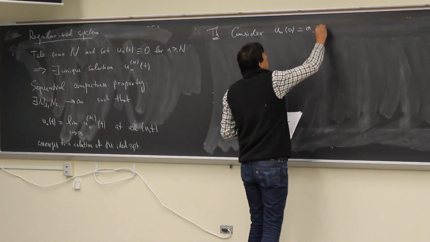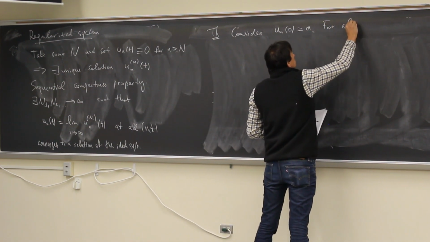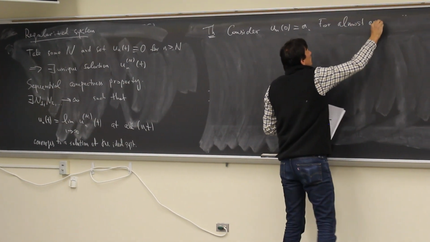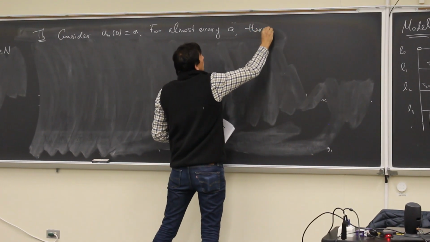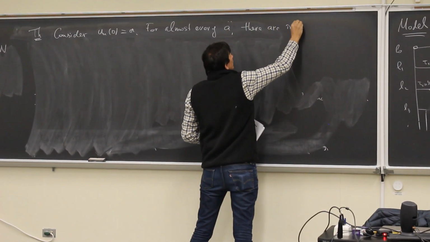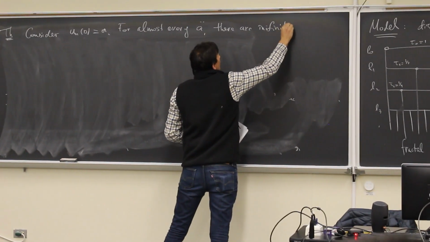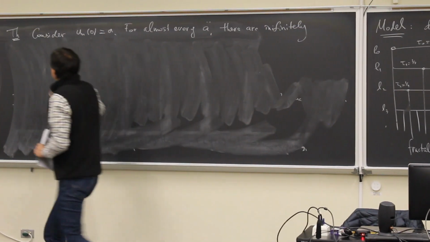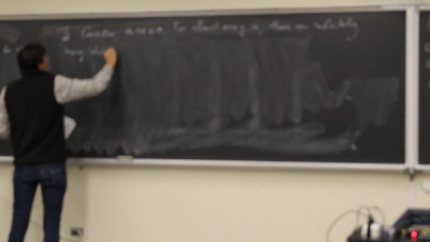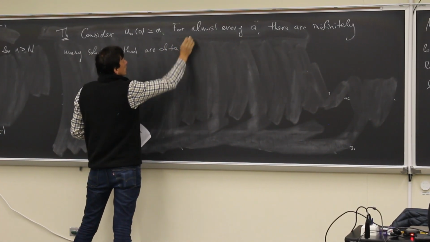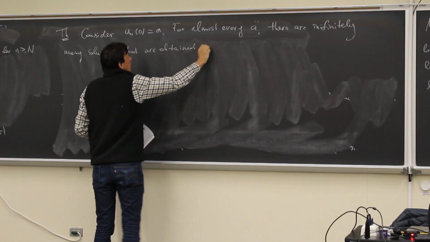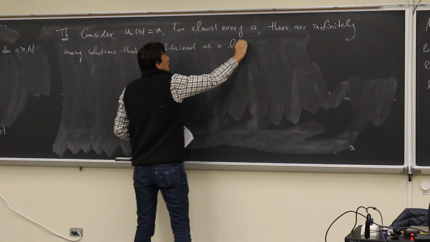What you can prove is that for almost every A there are infinitely many solutions that are obtained as a limit.